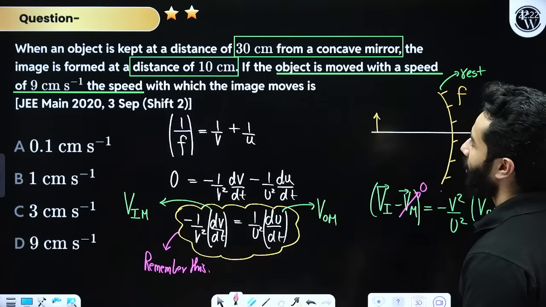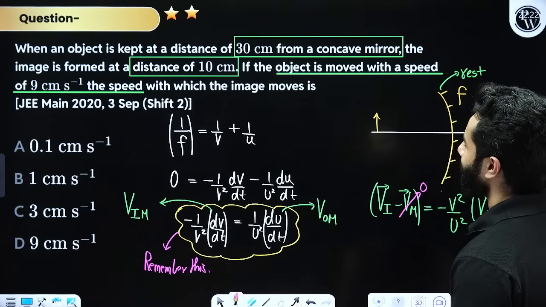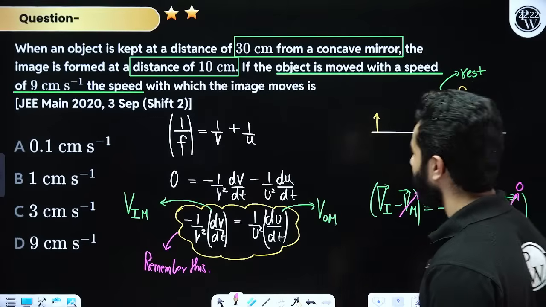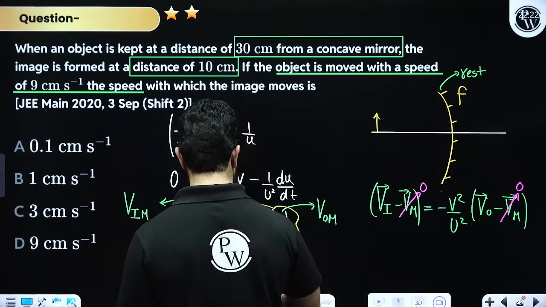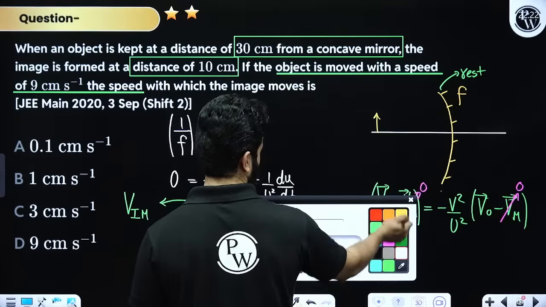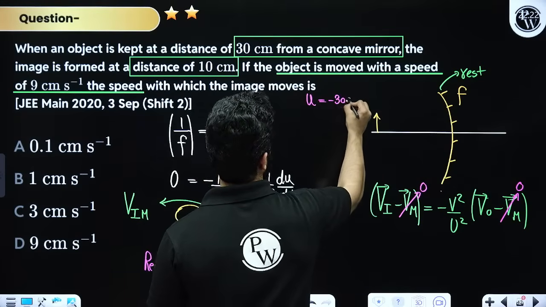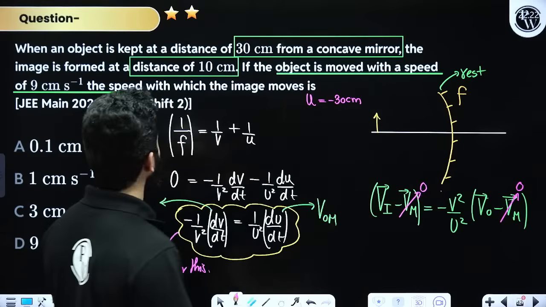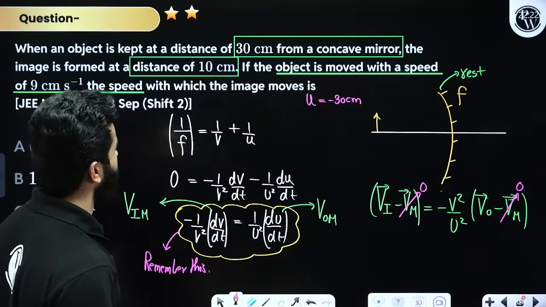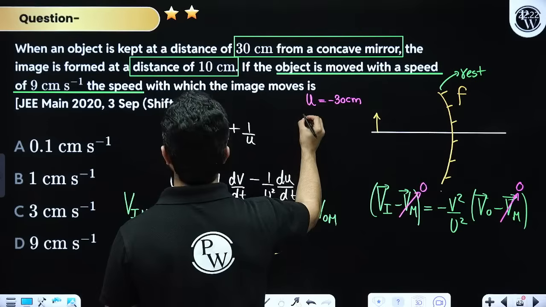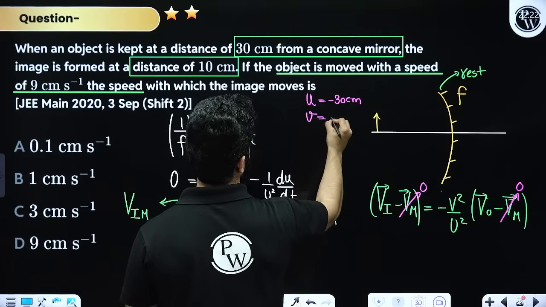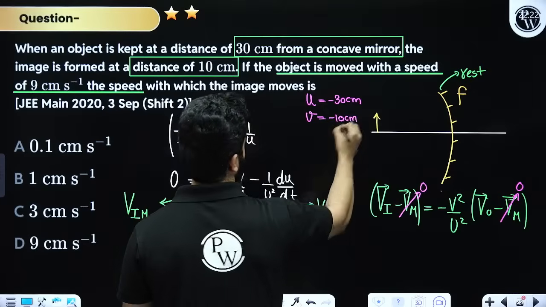Now please understand, they are saying when an object is kept at a distance of 30 centimeter, that means object distance is minus 30 centimeter. The image is formed at a distance of 10 centimeter. Clear?